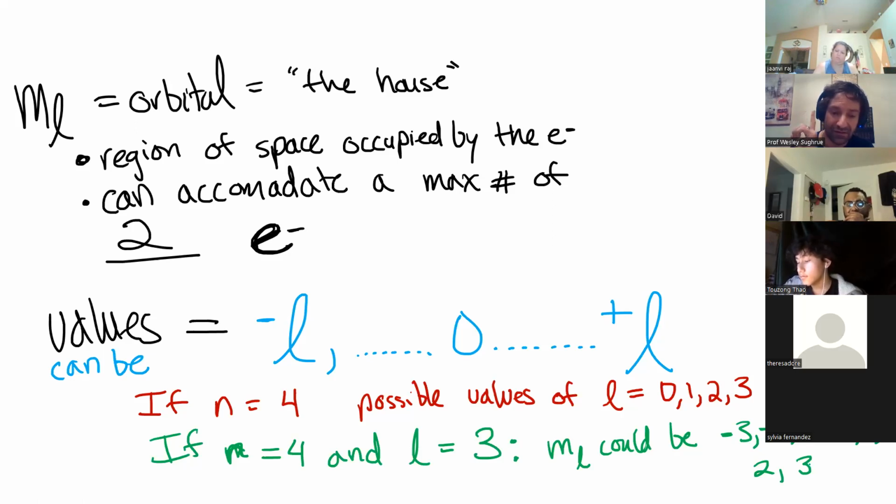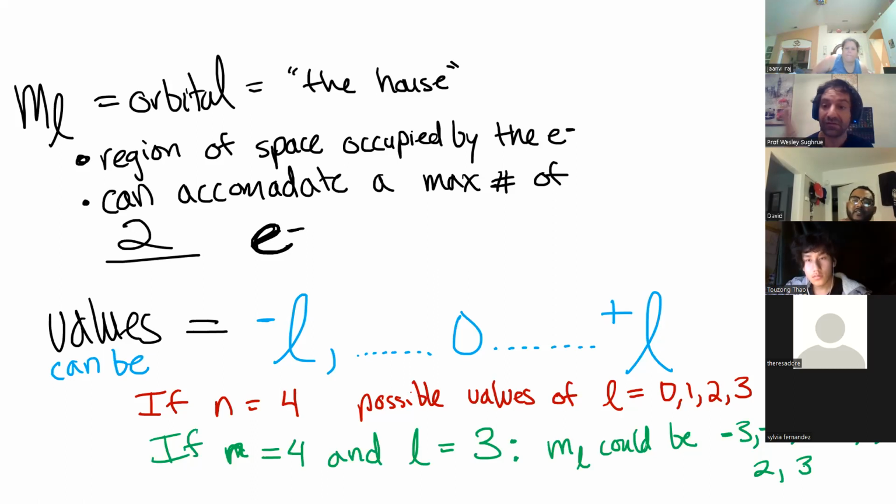So in the fourth city, on the third street, there are 7 houses, and those 7 houses are -3, -2, -1, 0, 1, 2, or 3.